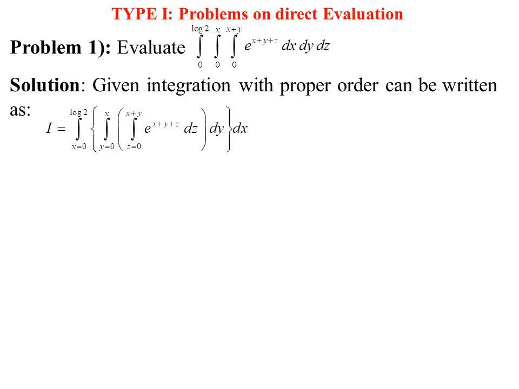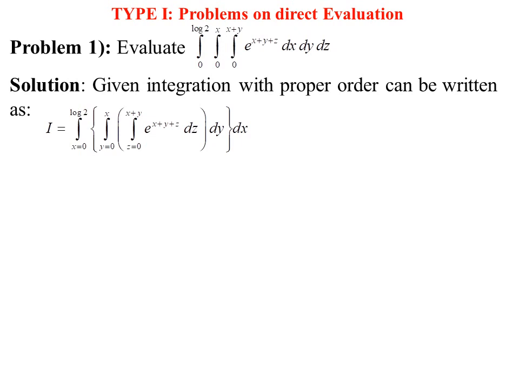We have inner limits as 0 to x plus y. Though the lower limit is 0, which is a constant, the upper limit is a function of x as well as y. So that must be the limit of z. So z is varying from 0 to x plus y.